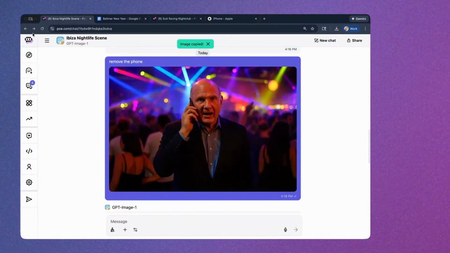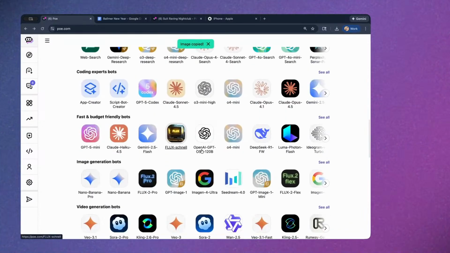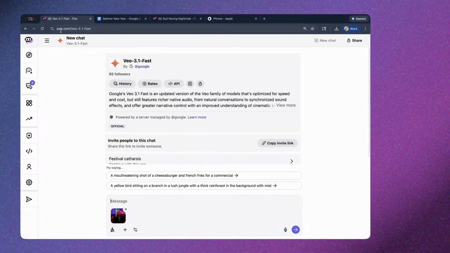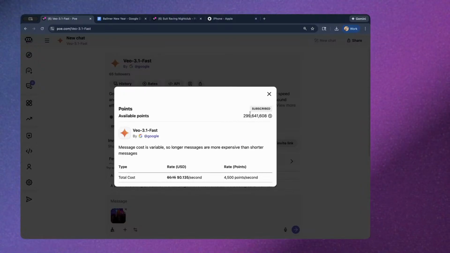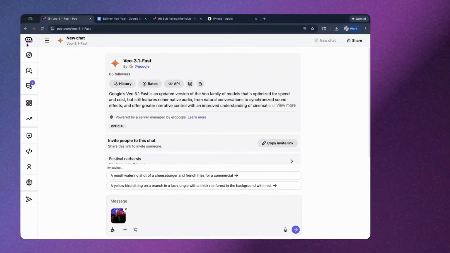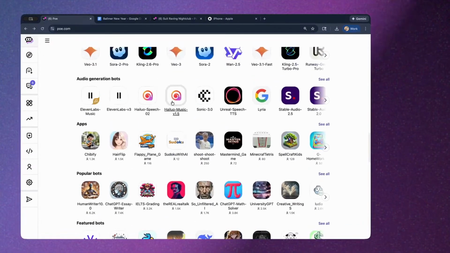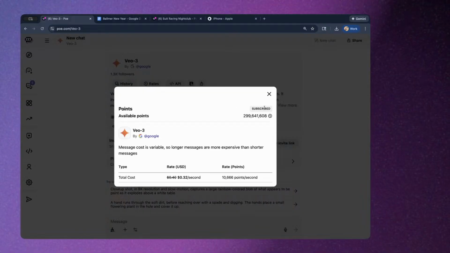Okay, let's just use the image and see. Let's do fast again to keep costs down. What are the rates of this? So this one's 1.35 per second, and what is Veo 3? 0.32 per second.